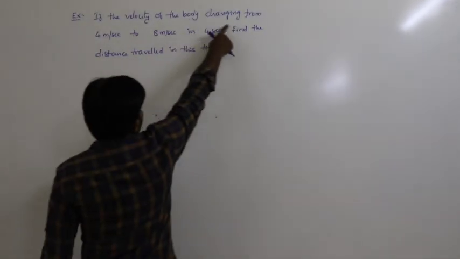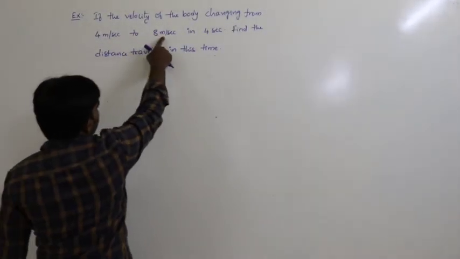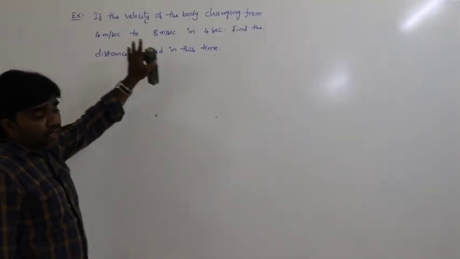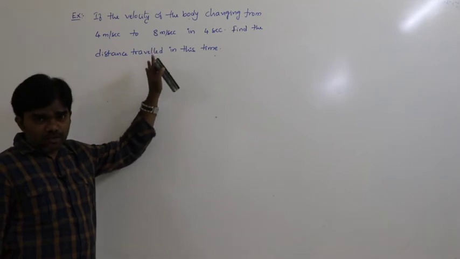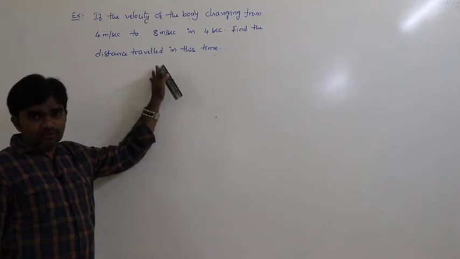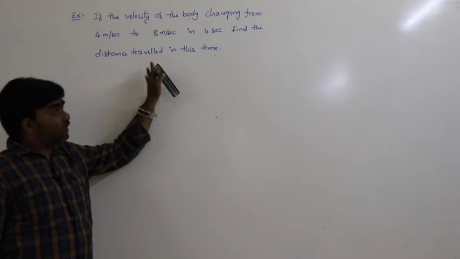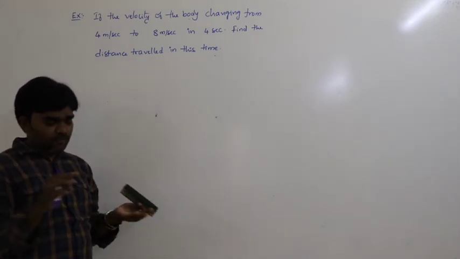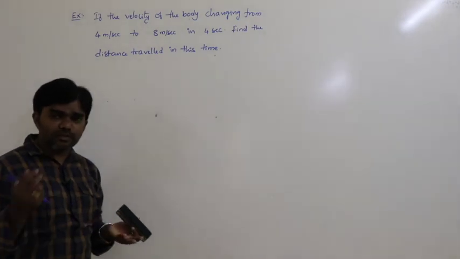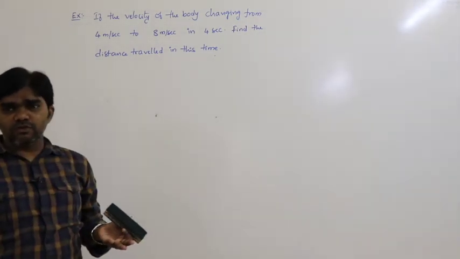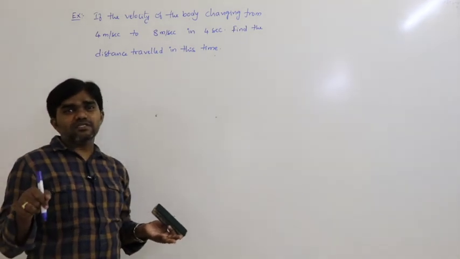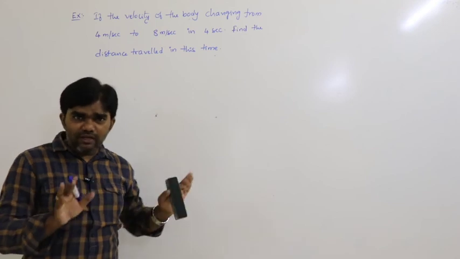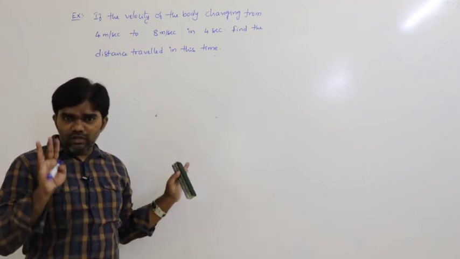So the velocity of the body changes from 4 meters per second to 8 meters per second. What is the initial velocity here? Here the way of understanding the problem is very important. If you understand the problem quickly, then only those 4 equations, v equals u plus at, s equals ut plus half at square, v square minus u square equals 2as, sn equals u plus a into n minus half, are involved, no other equations.